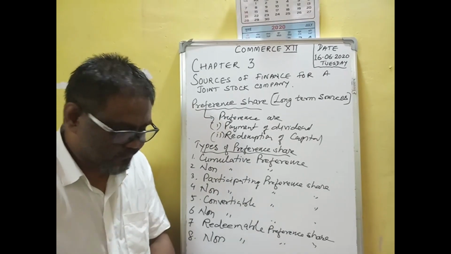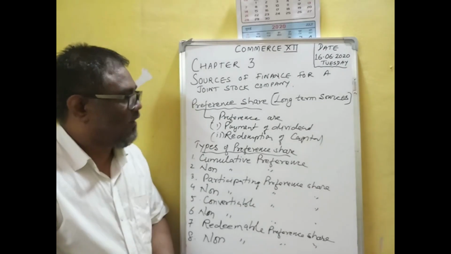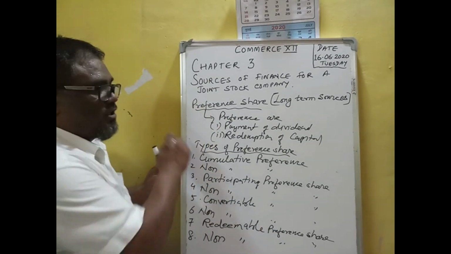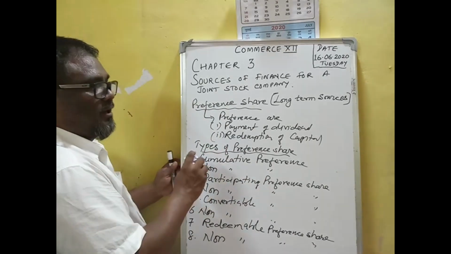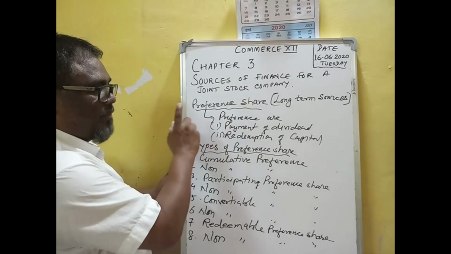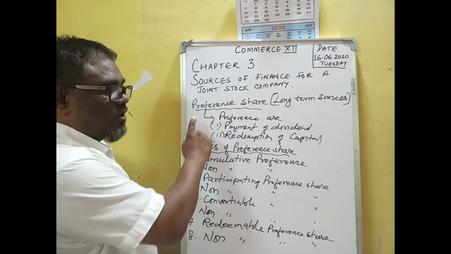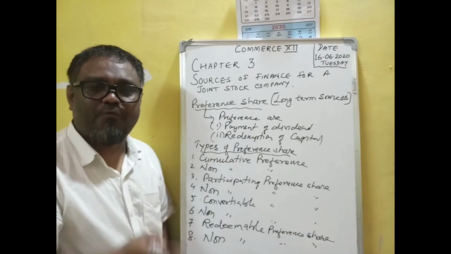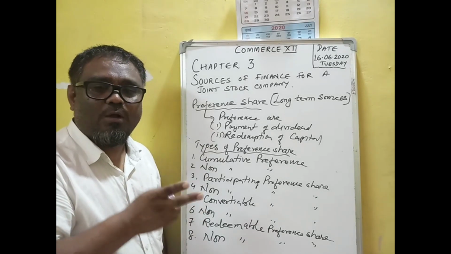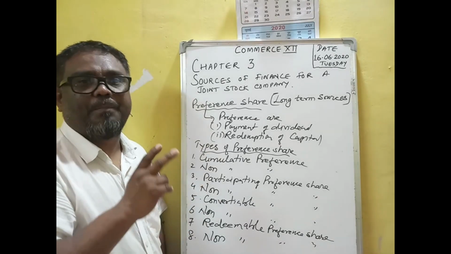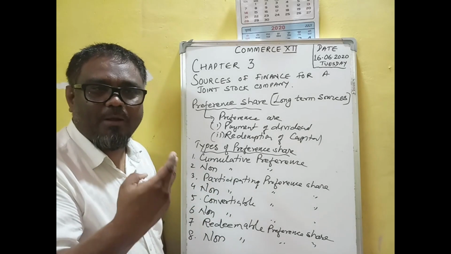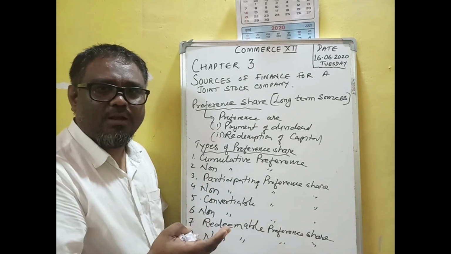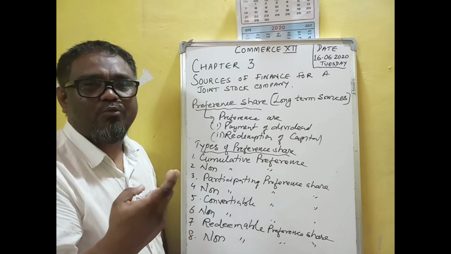So next we have the advantages of preference shares. These are the preferences, meaning that 2 preferences are attached here. The term preference: why are preference shares so called? The preference shares are so called because two preferences have been attached regarding the payment of dividend. Dividend is first declared to the preference shareholder before dividend is declared to the equity shareholder.